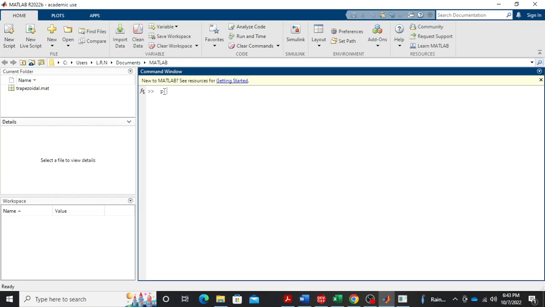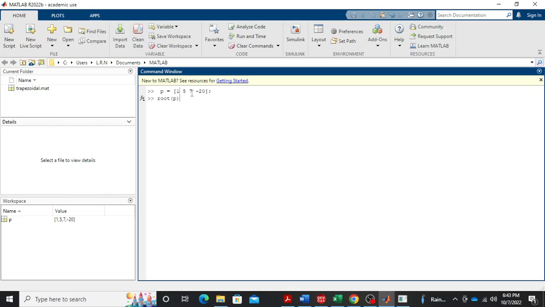So p equals 1, 5, 7, and so on. By the way, MATLAB represents polynomials in this way.